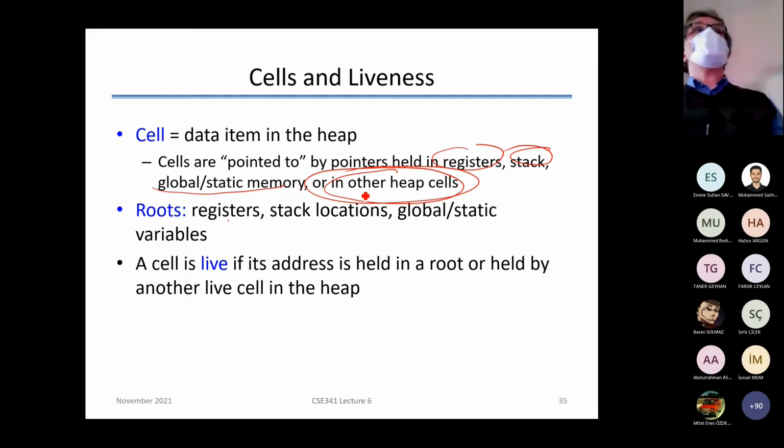There are only two ways to do this. Either there is a pointer kept somewhere in the registers, stack, or global or static variables, which are the roots, or it is held in a cell in the heap which is also live. If it is kept in a heap cell that is not live, this means that I cannot access that memory at all.